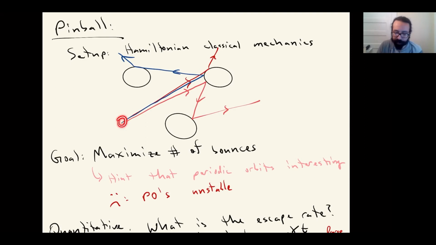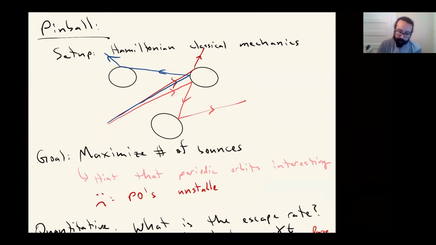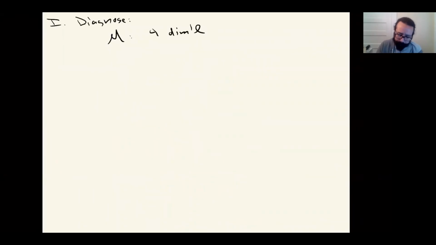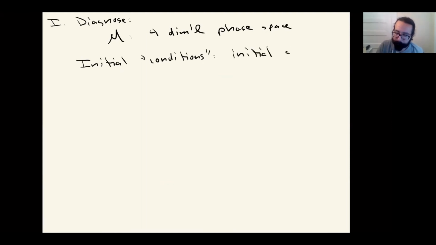We're really sending in some initial density, so our initial conditions, we should say, are really specified by some initial density on phase space. So we'll maybe call this a rho naught.